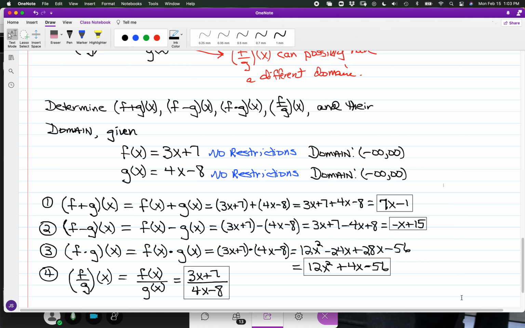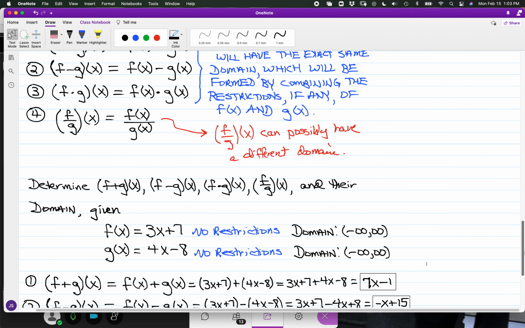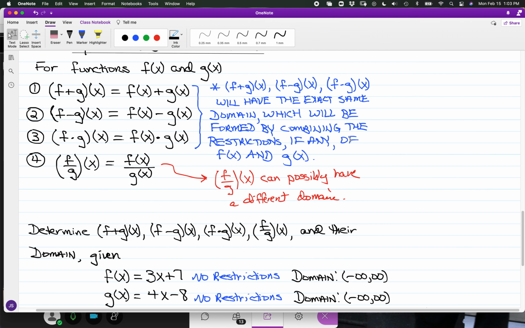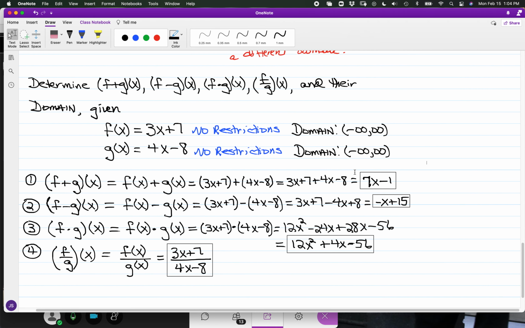And what's going to happen is that it's kind of going back to what we have regarding the sum, difference, and product functions. Their domain will be formed by combining the restrictions, if any, of f of x and g of x. Well, guess what? There are no restrictions for f of x or g of x. So that means that automatically, since there are no restrictions for either of these functions, there will be no restrictions for the sum, difference, and product functions.